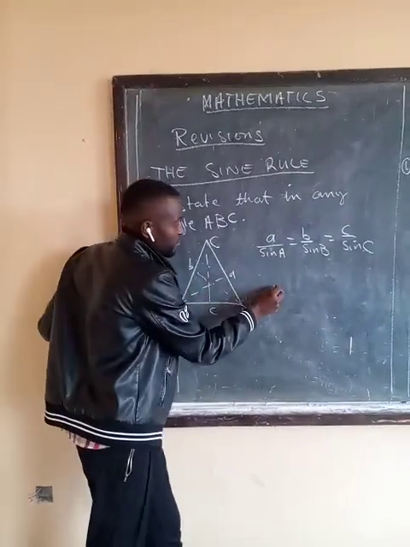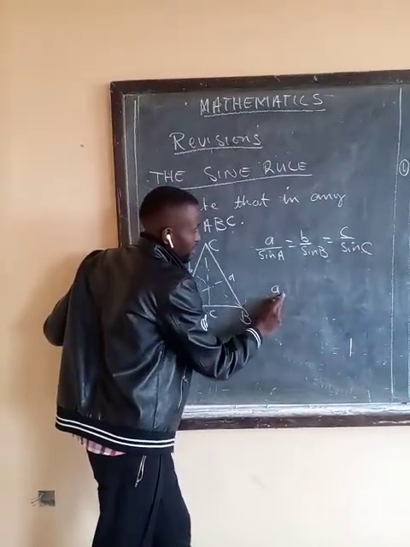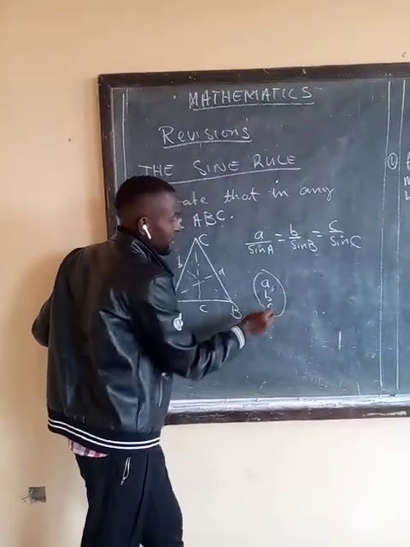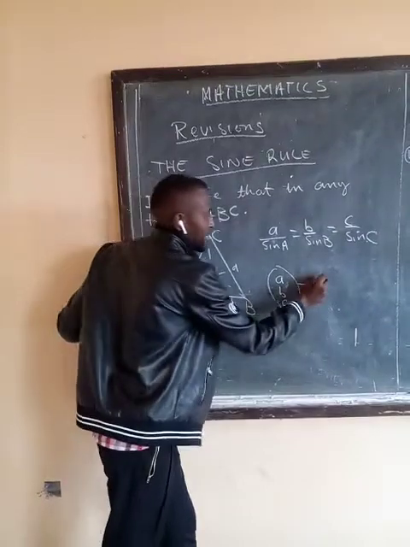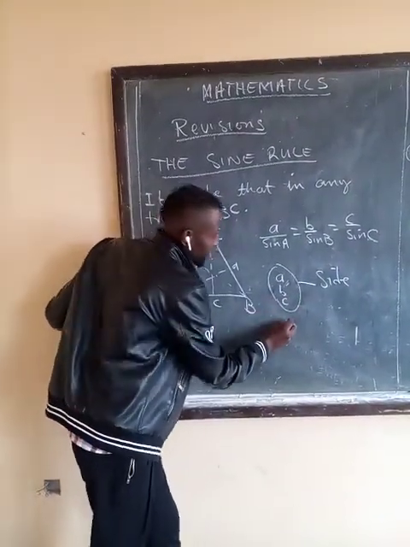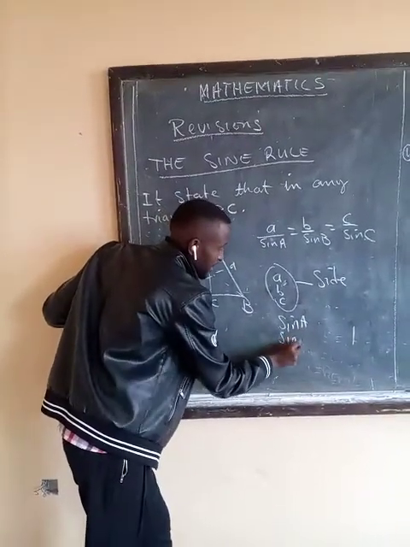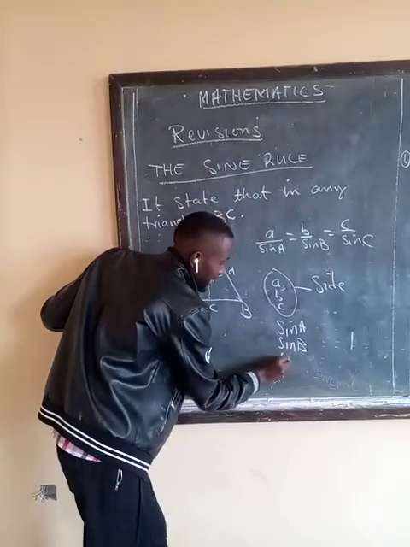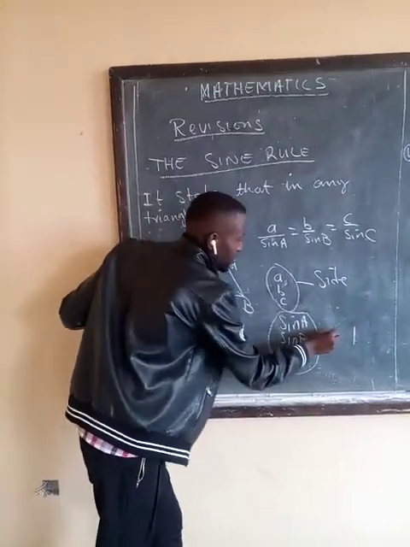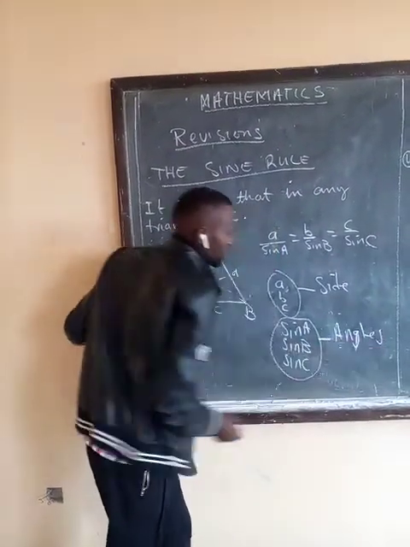When you talk of small a, b and c, these small letters, these are what we call the sides. But when you talk of sine A, sine B and sine C, these are what we call the angles.